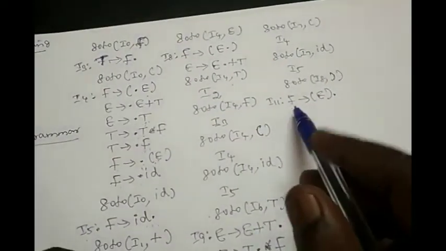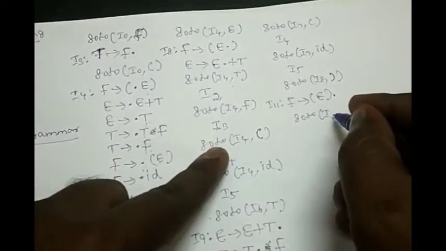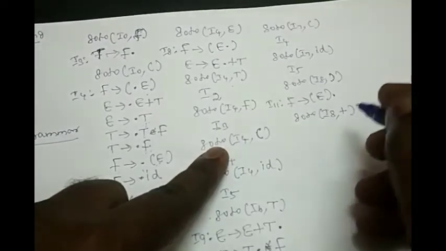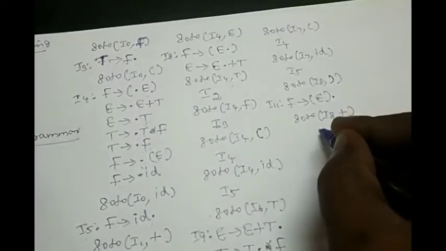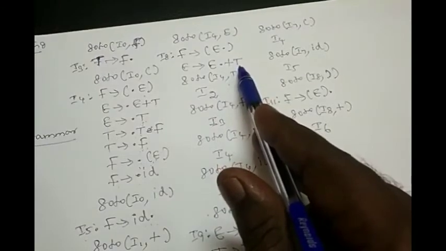So I just write goto of item set 8, and when I put plus here, I will get the answer which is available in I6. So the canonical forms are almost done now. When you go to I8, nothing more can be done here.